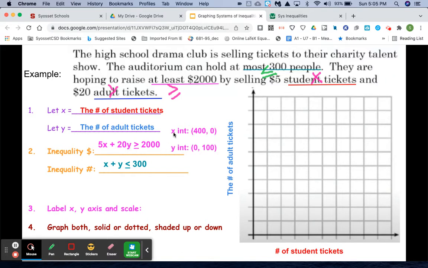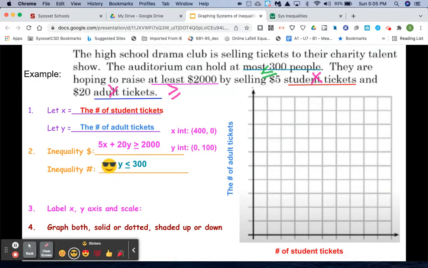This is the x-intercept of the boundary line, and this is the y-intercept of the boundary line. And we'll graph that. In order to get the x and y-intercepts of x plus y less than or equal to 300, I'll look at the boundary line, x plus y equals 300. If I cover up the y, I'll get my x-intercept. Well, clearly that's x equals 300.